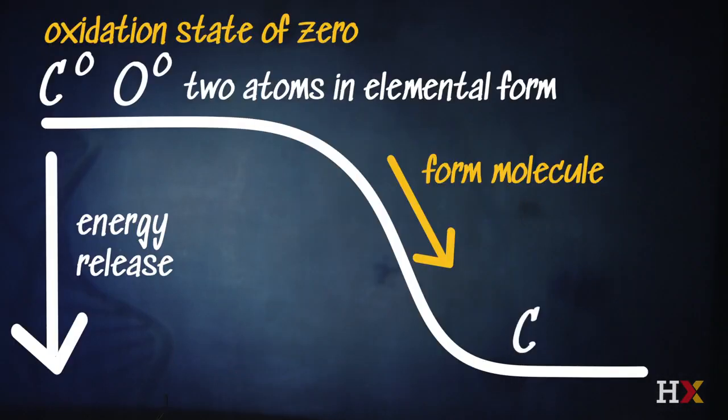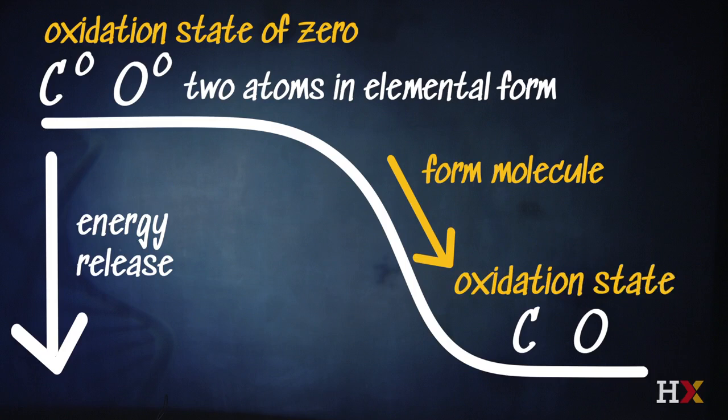And that is, if we now form our carbon monoxide molecule and the electron shift is toward the oxygen, then we're moving 2 electrons from the carbon to the oxygen, and the oxidation state for oxygen becomes -2, and the oxidation state for carbon becomes +2, because we can neither create nor destroy electrons in an oxidation reduction reaction.